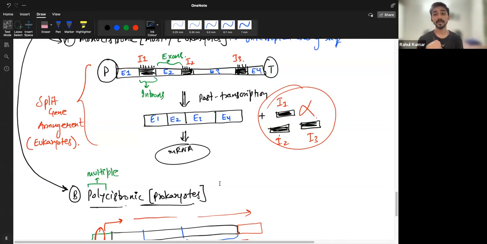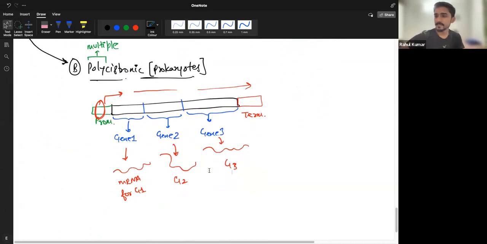We have 23 chromosomes, so we have a lot of space. It's like a 1 BHK versus a 23 BHK apartment. So imagine the space difference that we and bacteria have. Does that make sense, everyone? Monocistronic and polycistronic system? Yes, sir. Okay, very good.